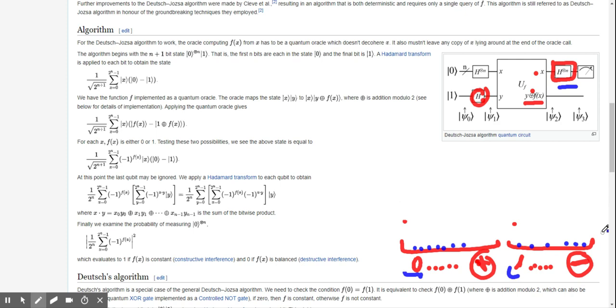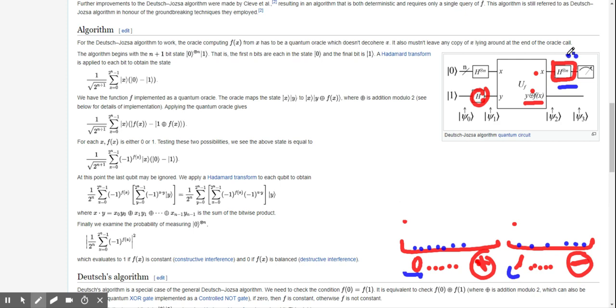So this basically stays as it is, right? And then when I do a Hadamard just on those here, I would see a 0 value, because it basically goes back to like nothing has changed.